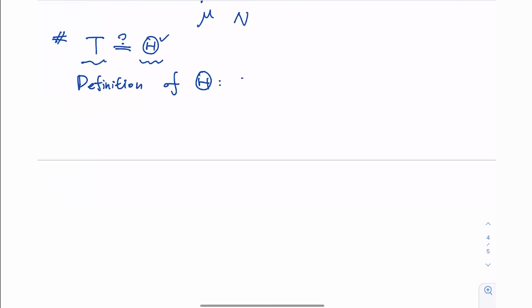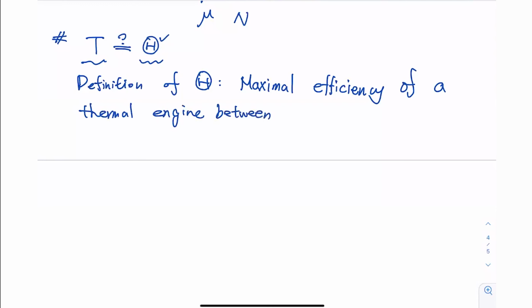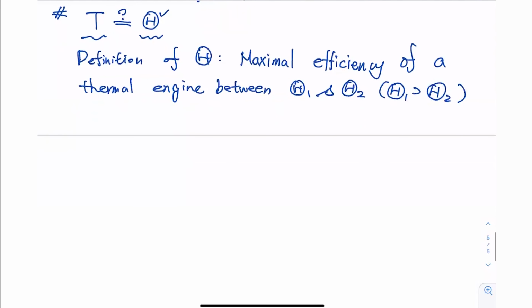Basically, from elementary thermodynamics, we know the maximum efficiency of a thermal engine between two heat baths, basically theta 1 and theta 2, and we assume that theta 1 is larger than theta 2, and the efficiency of that heat engine is defined as eta equal to 1 minus theta 2 divided by theta 1.